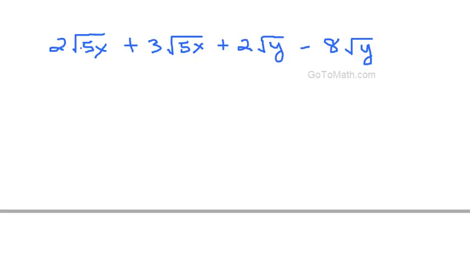Okay, well, let's look here. We've got square root of 5x, square root of 5x, so we'll be able to add these two together. So this would be 5 times the square root of 5x. And then we have 2 square roots of y minus 8 square roots of y. So that's going to give us minus 6 square roots of y.